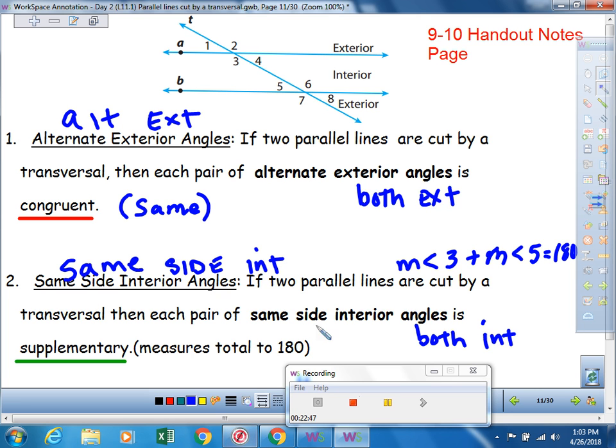So if they're both in the exterior or both in the interior, your descriptions will say interior or exterior. If one's in the interior, one's in the exterior, you got corresponding or vertical. Then check, do they share a vertex? And they're vertical. Okay?